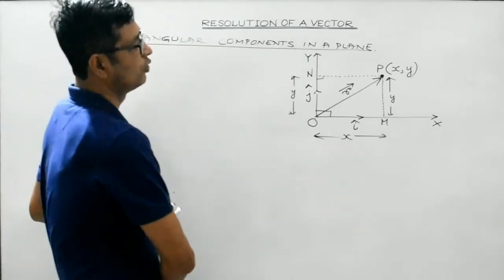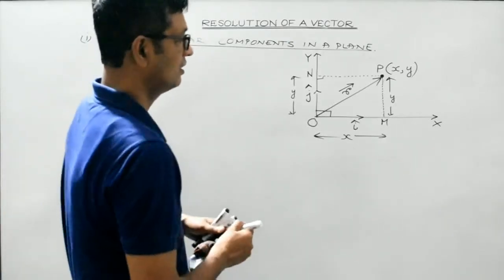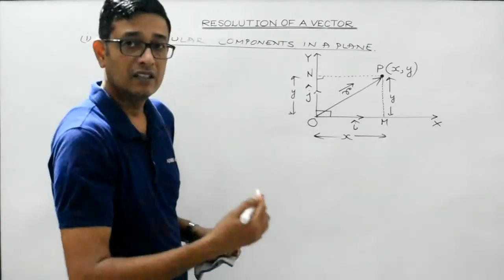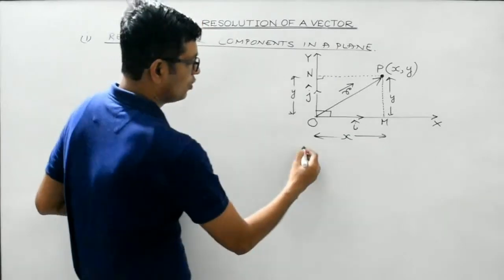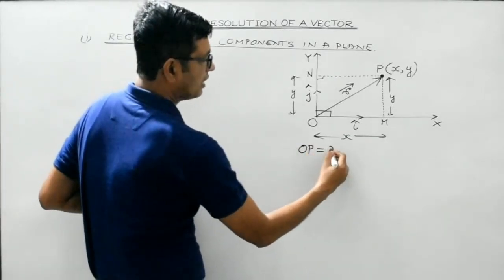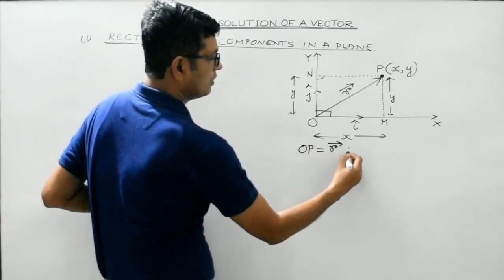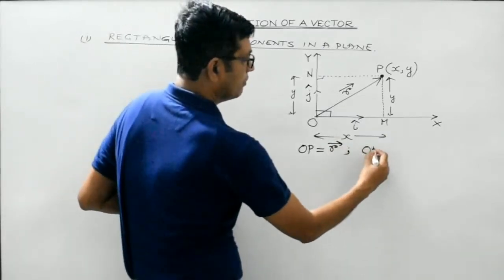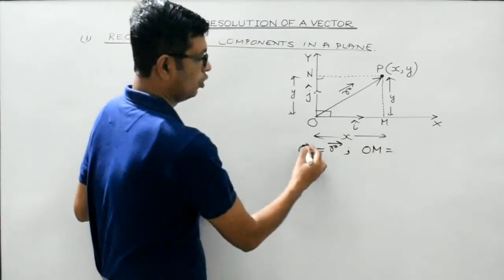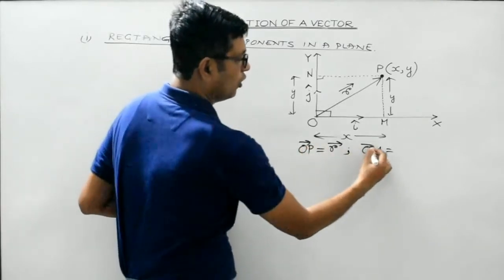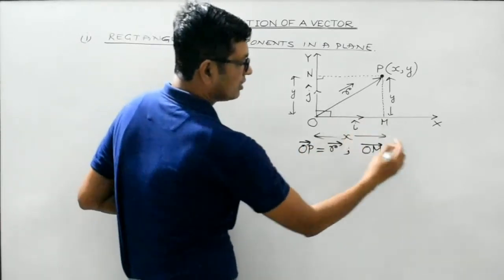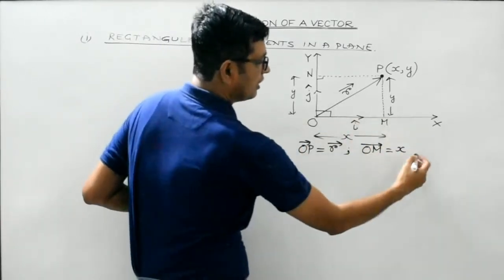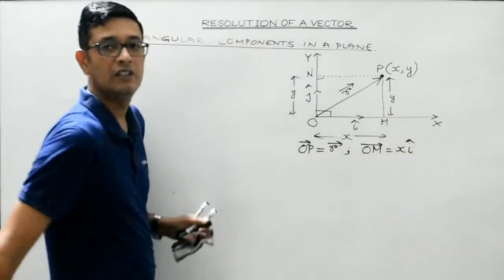Okay, now let's represent it in vector form. OP will be written as r vector. OP vector is equal to OM vector, whose magnitude is x and direction is along the x-axis, x i cap.